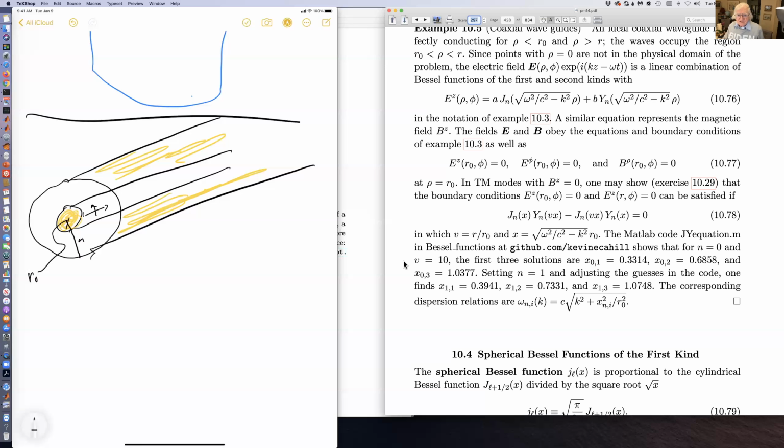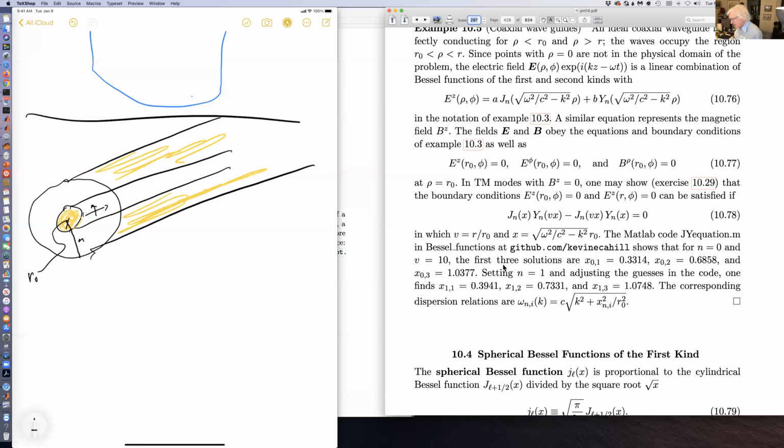And so then if we go to the case n equals 0, and we just choose V equal to 10, that strikes me as rather a high number, but I think in coaxial cables it is less than that. Actually, I don't really know.